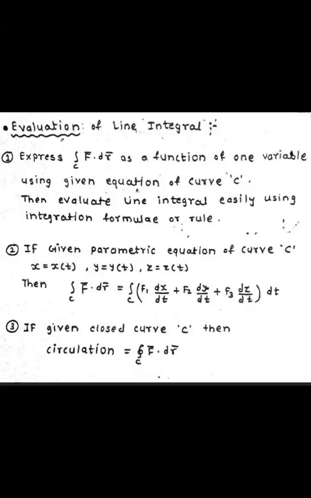The second way is if the parametric equation of the curve is given, that is x, y and z are expressed in terms of a third variable, here t. If this kind of equation of curve is given, then the integral can be written as the integral of f1 dx by dt plus f2 dy by dt plus f3 dz by dt, into dt.